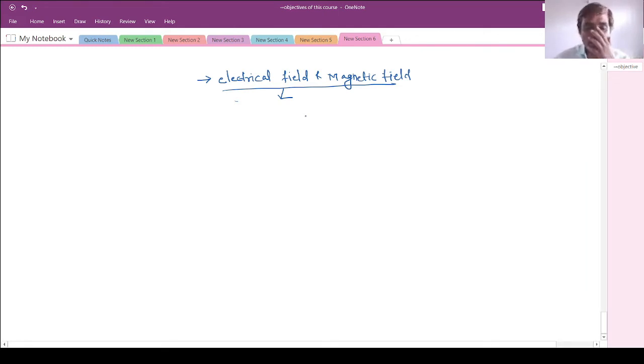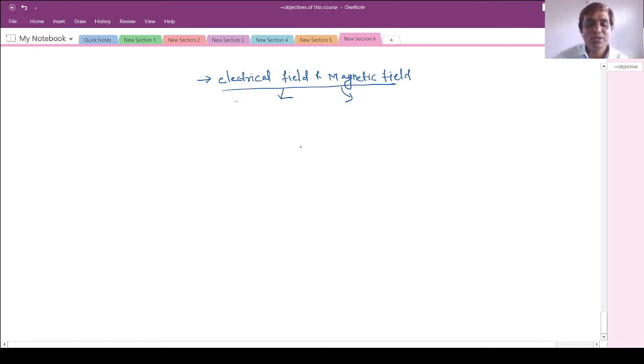In an electric field, charges are stationary. When we place the charges in motion, then because of the rate of change of charge, current is produced, and that effect is called the magnetic effect. So if charges are in motion, they generate current, and that effect is nothing but the magnetic field effect.